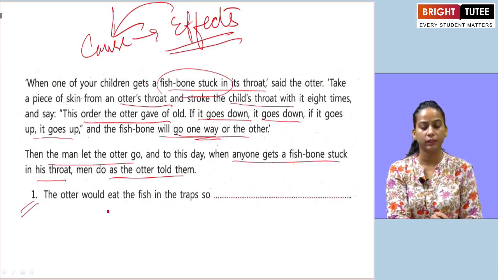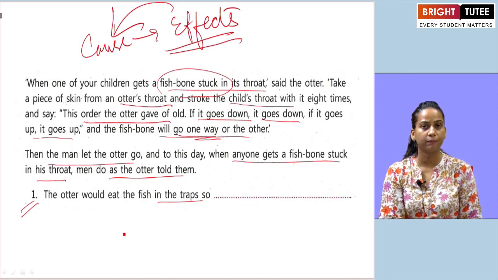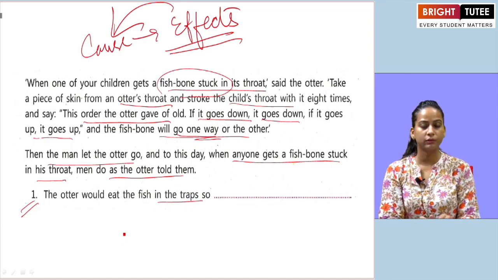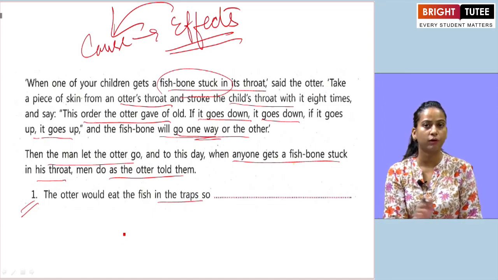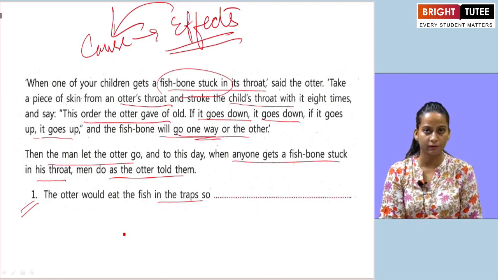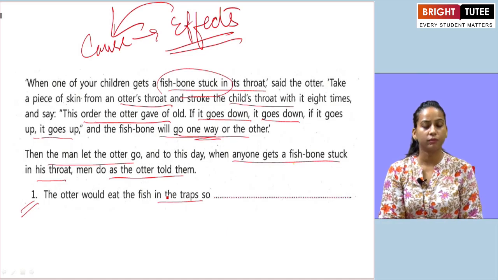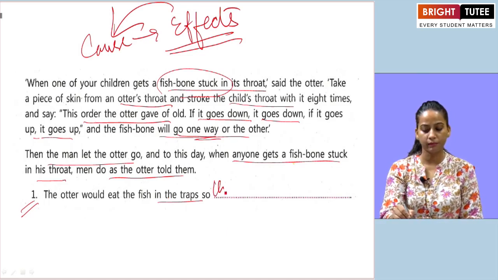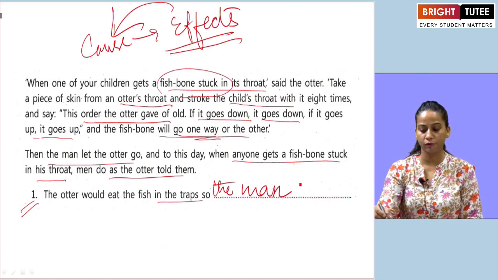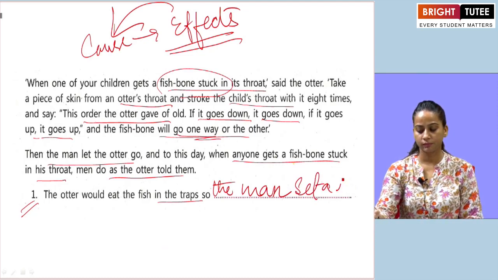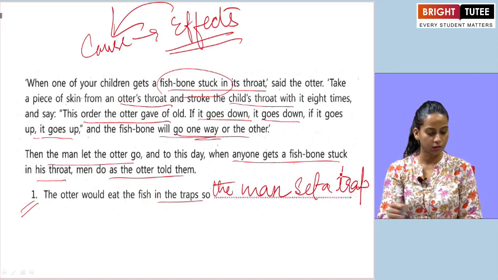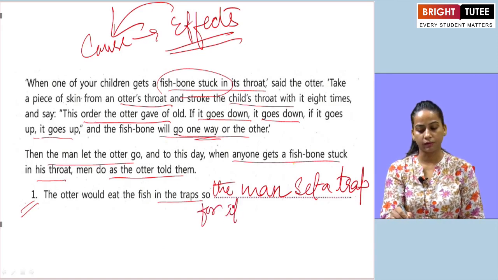The otter would eat the fish in the trap. So why is the otter going to eat the fish in the trap? You have to complete the sentence. So the men set a trap for it.